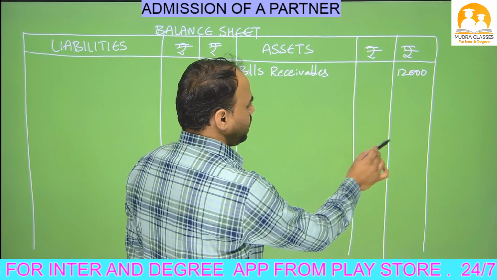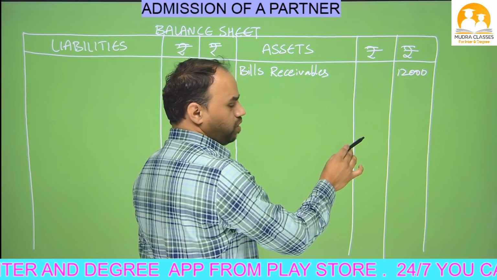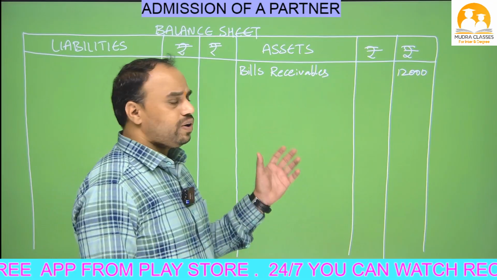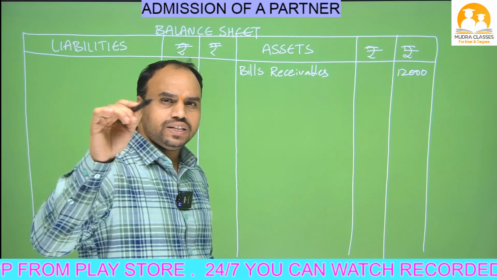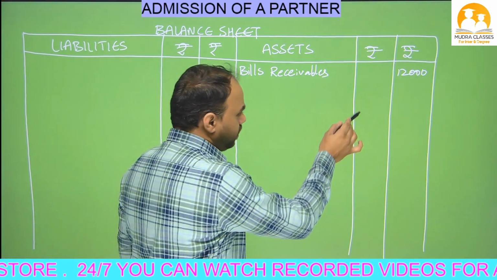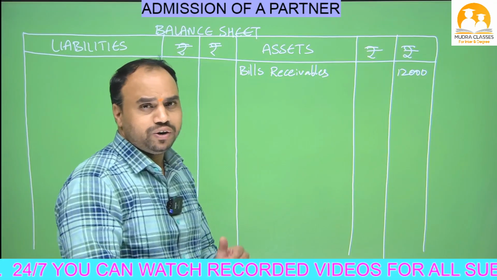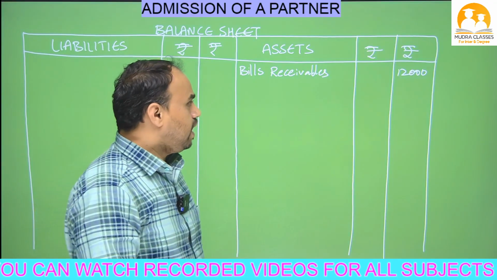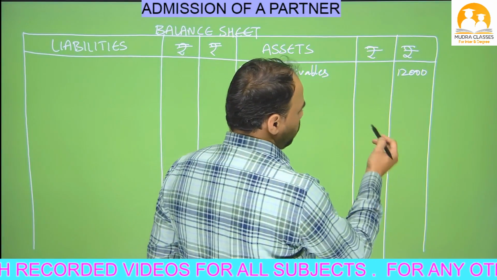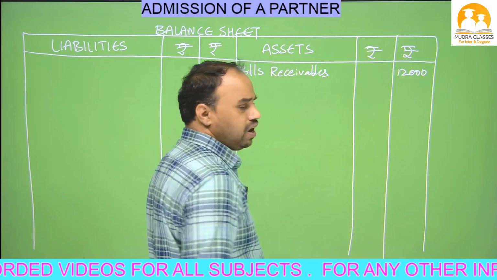So I have written 2 amount columns here. This first amount column is called the inner column and the second amount column is called the outer column. Whatever adjustments are given in the question, the items we ticked in the balance sheet asset side, we have to write in the inner column because we have to do either plus or minus adjustments. Items with no adjustments we will write directly in the outer column.